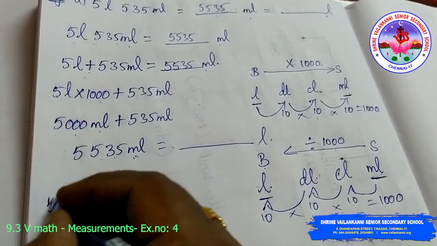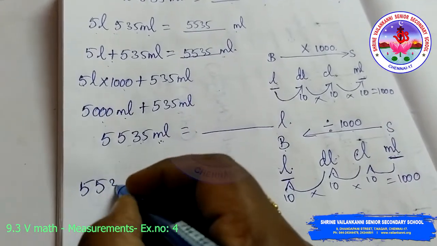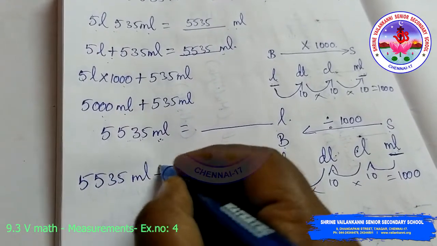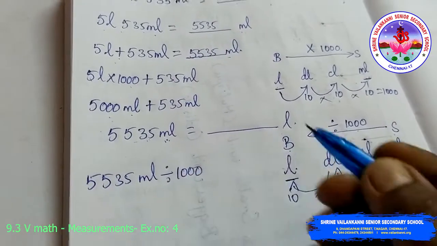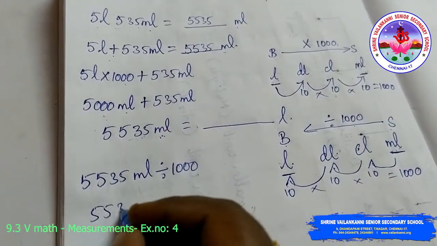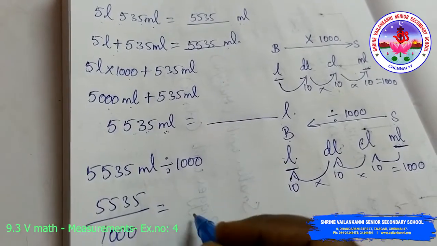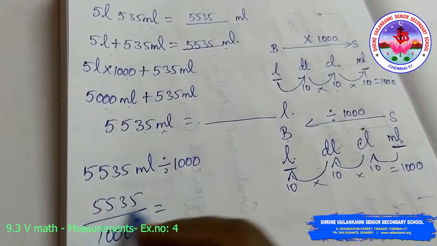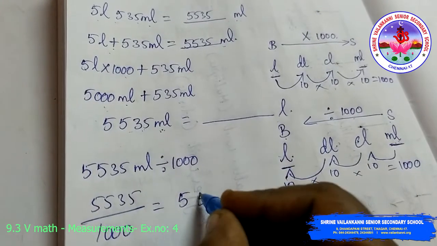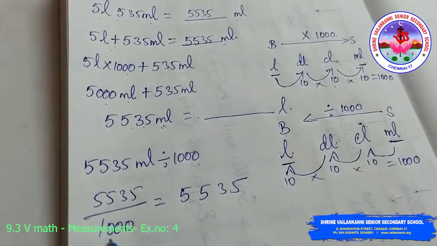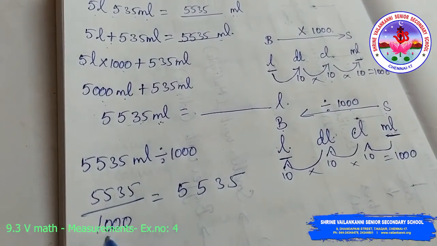So 5535 milliliter divided by 1000. To find the answer without doing the division, write the numerator as it is. How many zeros are there in the denominator? 3.